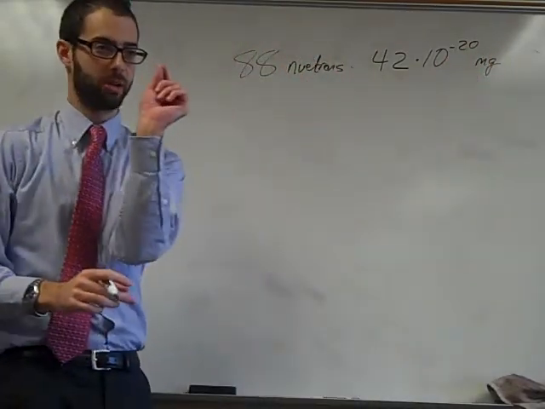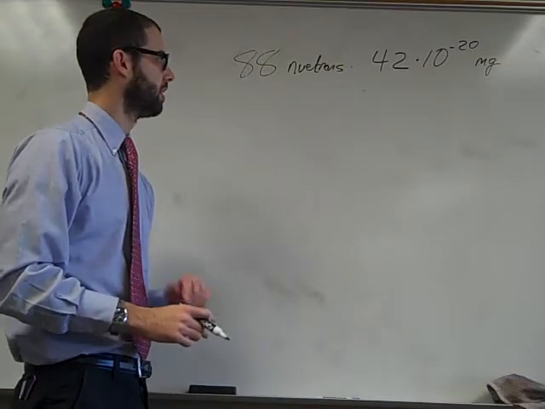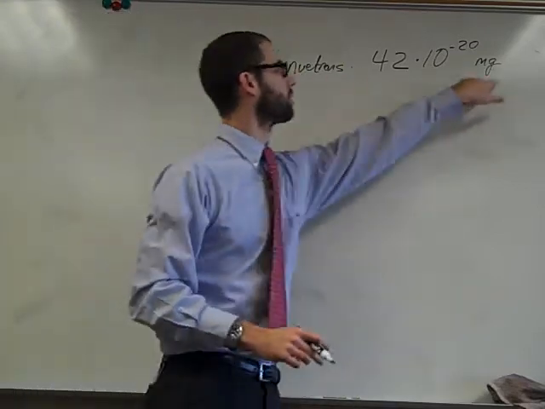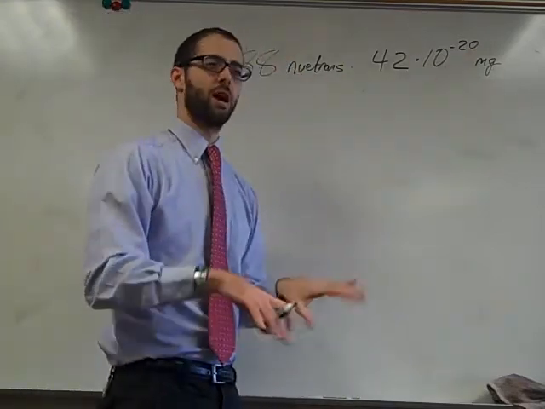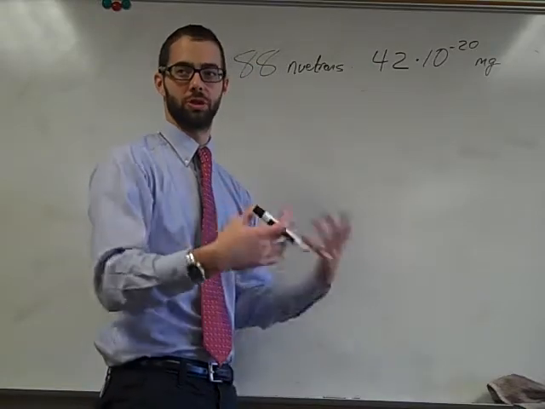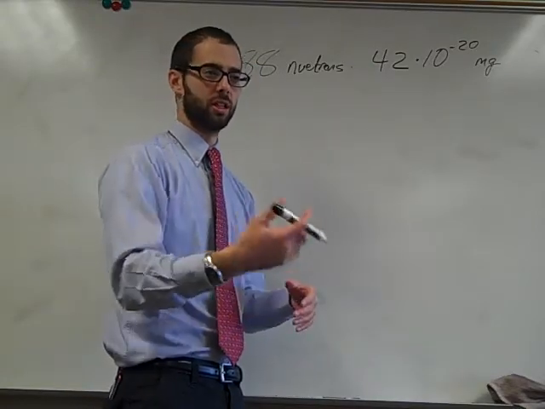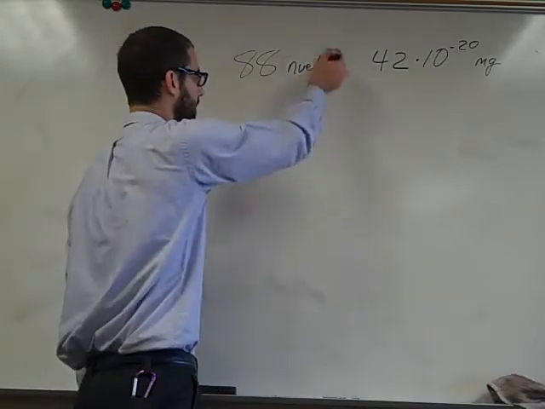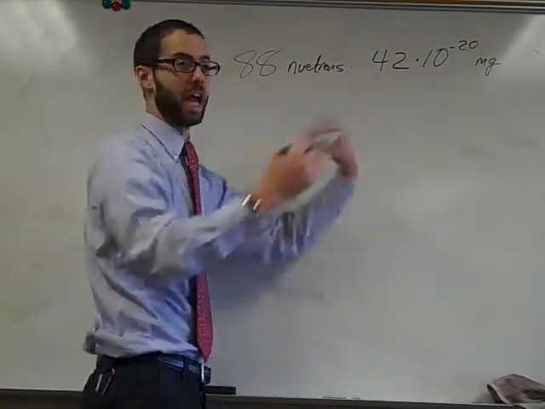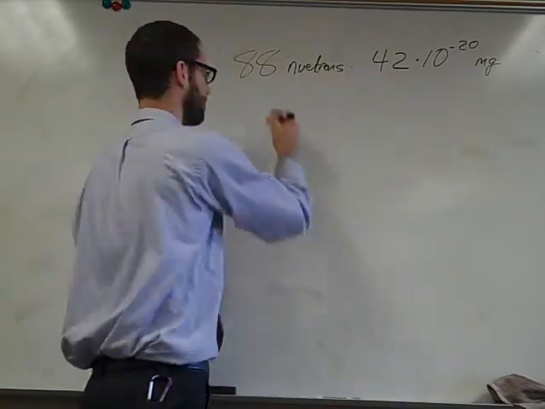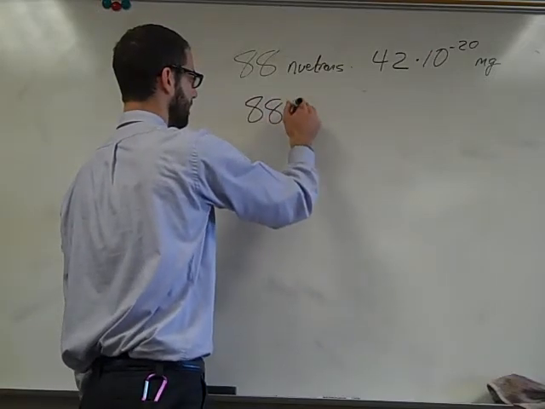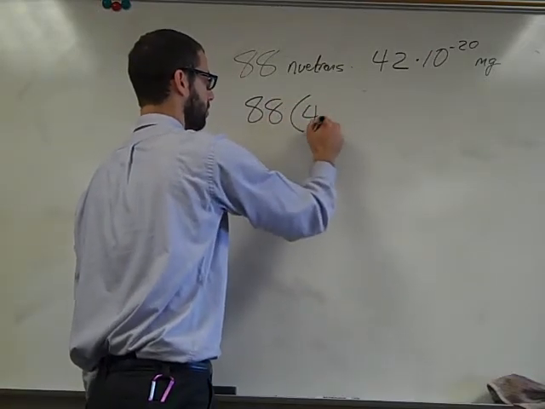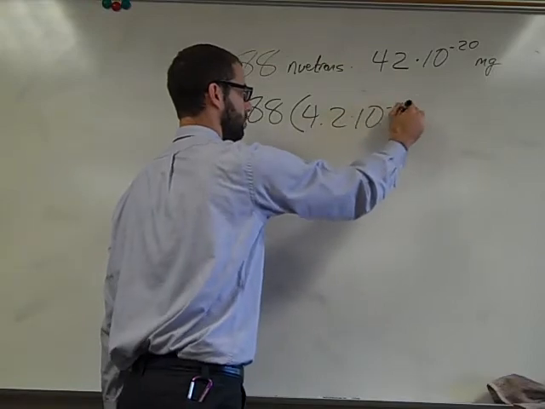Think how small an atom is. So every neutron weighs this much. And if I say, how much do all the neutrons weigh together, what would you do? We would take each neutron and add it up, or we just multiply and make it faster. So that's 88 times 4.2 times 10 to the negative 20.